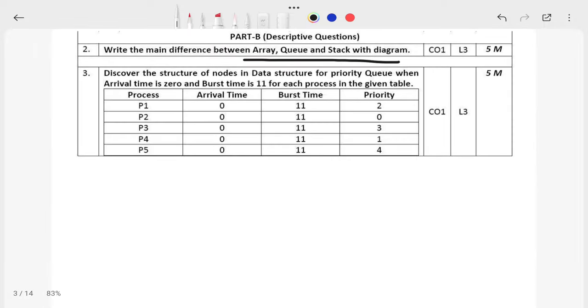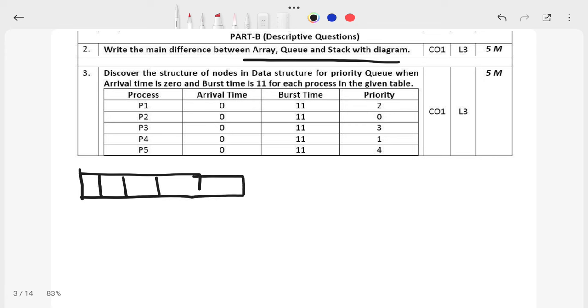So what is an array? Array means I will draw one figure. This is the figure. I am writing something here. Suppose I am writing 1, here 2, here 3, here 5, here 7.